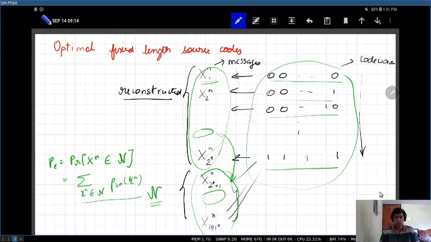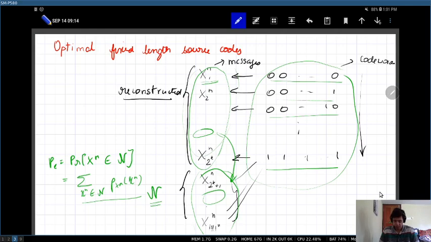You need to maintain an enormous table for each sequence, and both the compressor and the decompressor must look up this table whenever they want to compress or decompress. So this is heavily wasteful in terms of space, and this is not practical. As soon as you change p_X, if a different file has a different p_X, then you need to change the table entirely. So this is a very impractical compression algorithm.